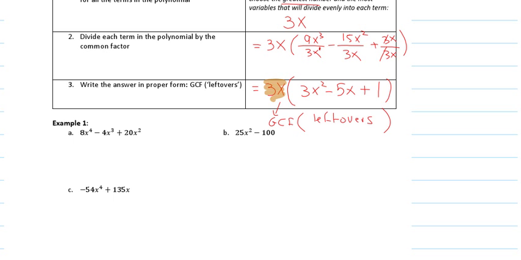A lot of students omit that GCF, they won't write it after they divide by it, and this is where the mistake is. You're going to lose marks if you don't include that, because now you're changing the equality. They're not equal anymore if you lose it. Okay?